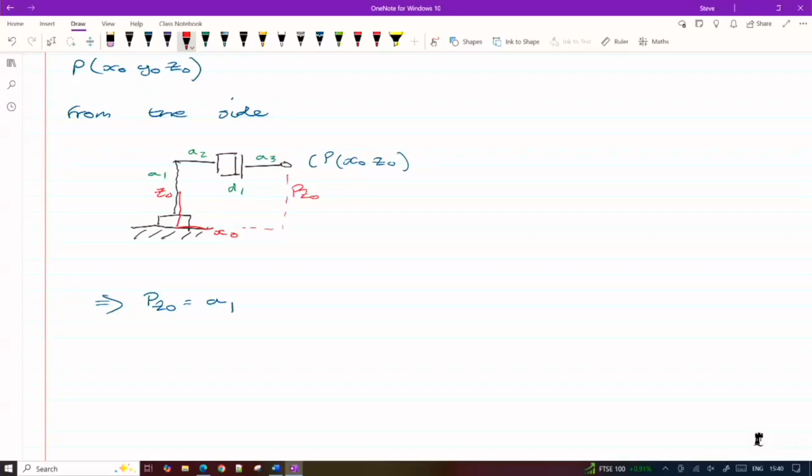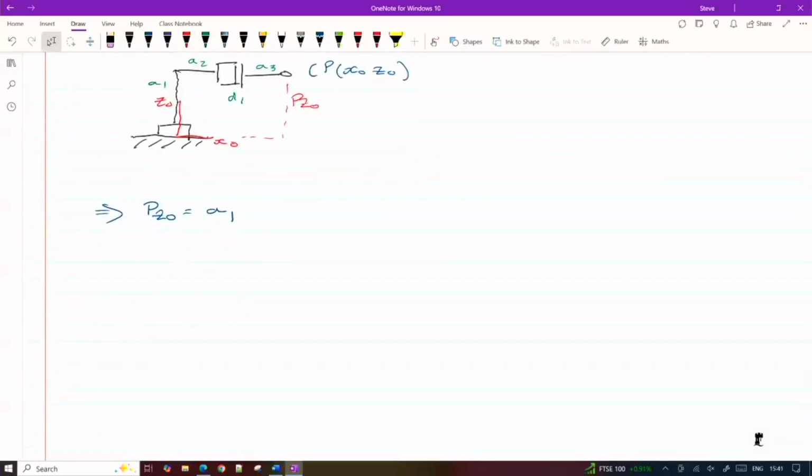Yeah, so your view of that top link with the prismatic joint in, as theta moves, your base joint moves, your view of that length, your view of that distance changes with θ1. So that's all we can get from there, which is an expression for pz0, but that is fixed.